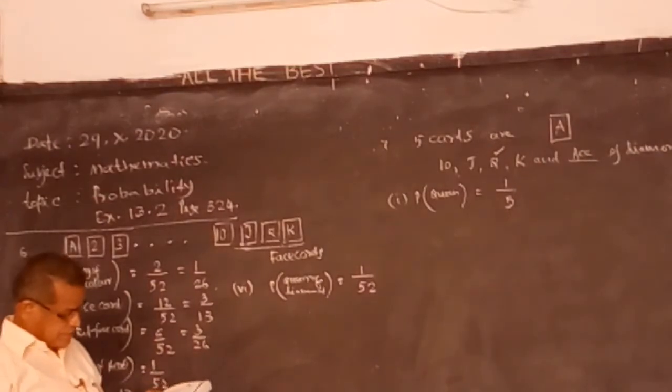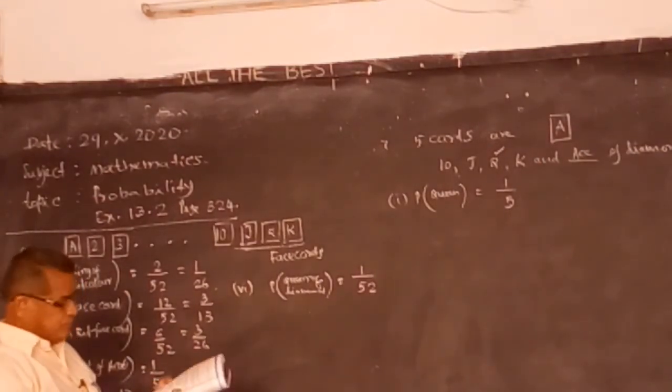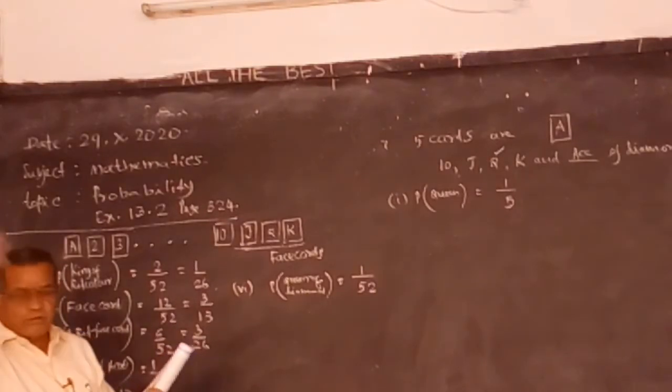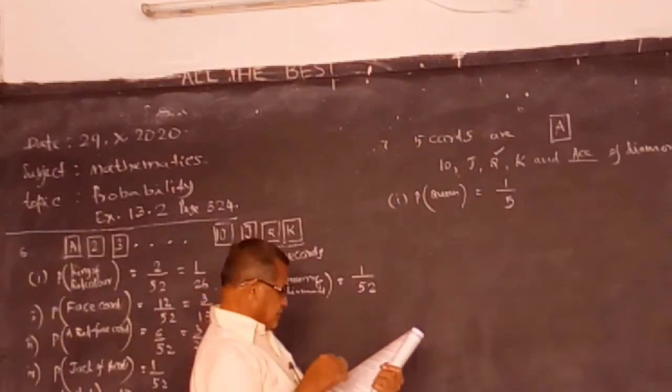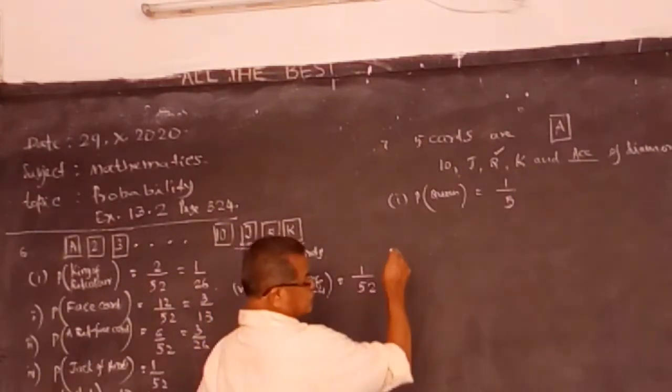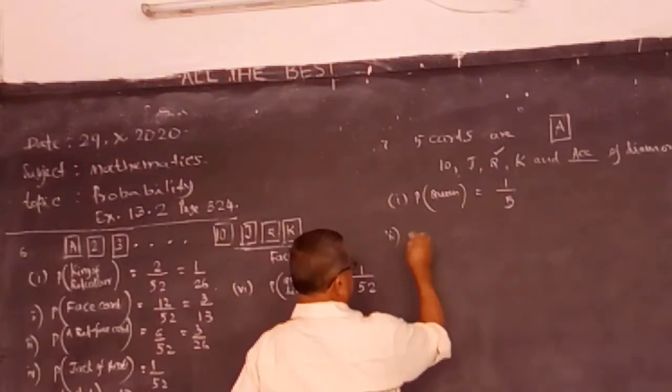if the queen is selected and kept outside, what is the probability that the second card taken is an ace?